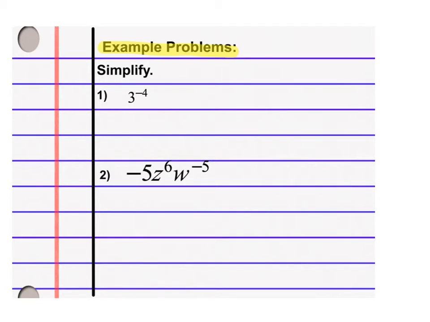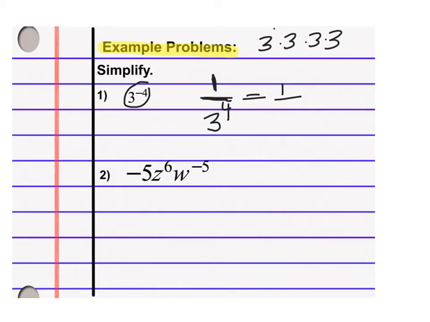All right, so for number 1, I'm going to make a fraction. All I have is a negative exponent. Since I don't have anything else, a 1 goes on top. 3 to the 4th gets moved to the bottom, and when I move it, it becomes positive. Then I'm going to use my calculator and multiply out 3 to the 4th. 1, 2, 3, 4 3s.